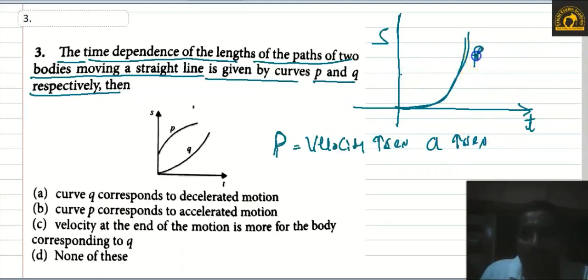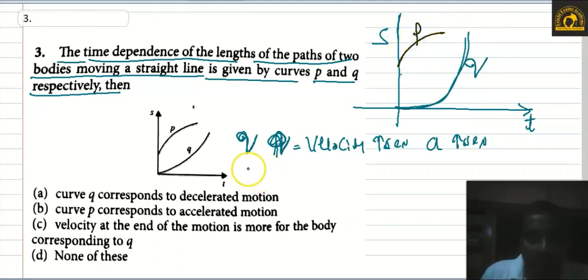Then another one. Sorry, this is not for P, this is Q. So this is Q. Then the P graph is like that.